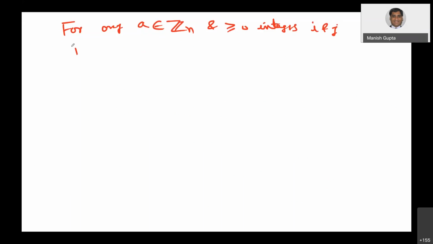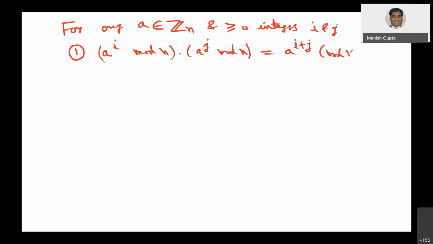First, a raised to i mod n times a raised to j mod n is the same thing as a raised to i plus j mod n. Right, we're reducing it modulo n. This is the first condition. Of course, this multiplication is also mod n.